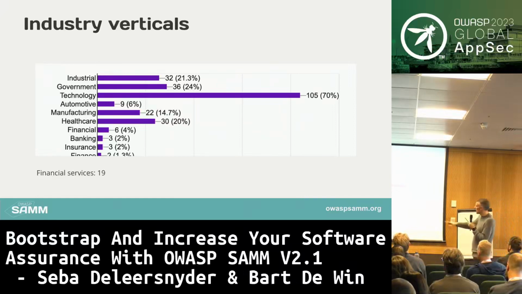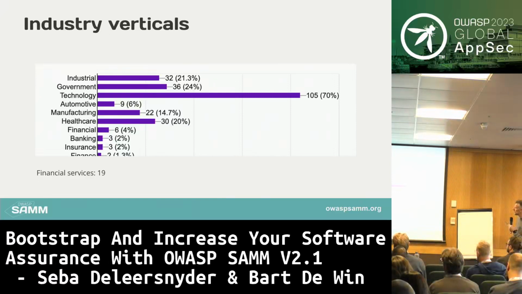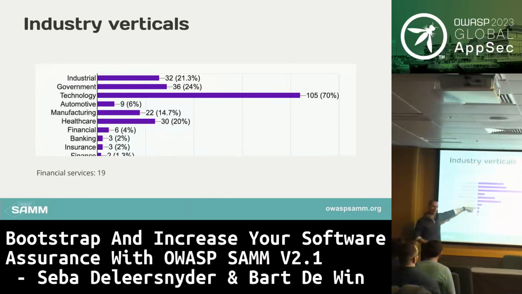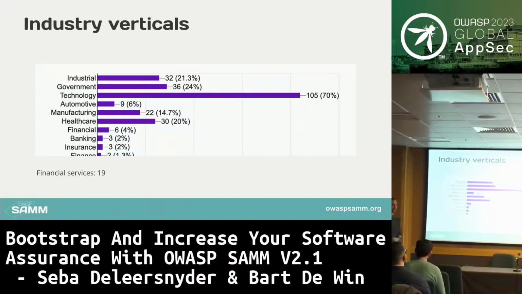But if we count them together, also in financial services, there's quite some uptake of the SAMM model as well. It was because we had a couple of default options, and we just forgot to add finance in the default options. So some people added it under other finance, and we aggregated them towards 19. But if we would have had it in the default options, it'd probably be higher. My best guess. That's the next survey.